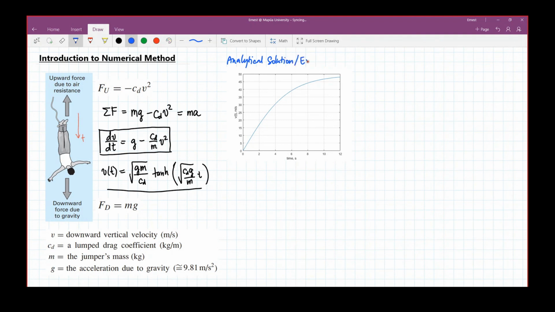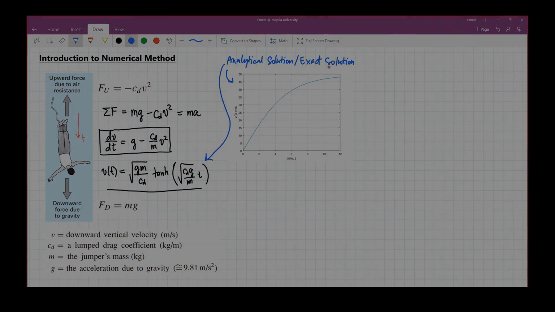Sometimes we call this your exact solution. Okay, and this is the graph of your function. Okay, so we know exactly that the velocity function follows this graph.